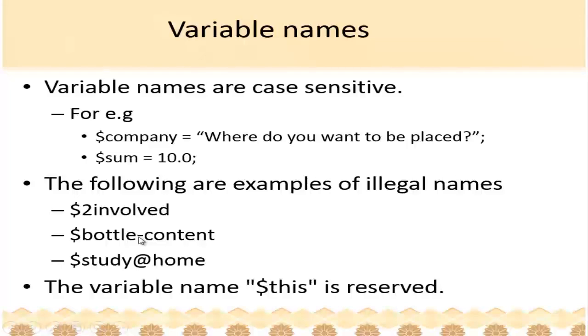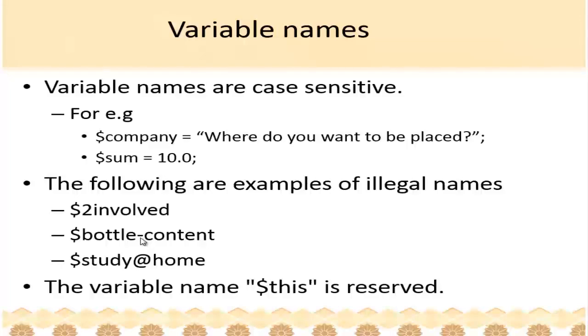Some of the older versions support that dash as a separator, that is the minus sign as a separator, but my advice, even if it is supporting it, do not use the minus sign or the dash sign as a separator.